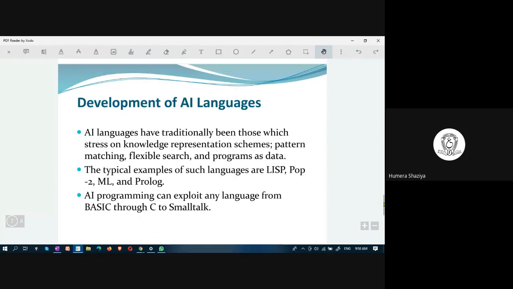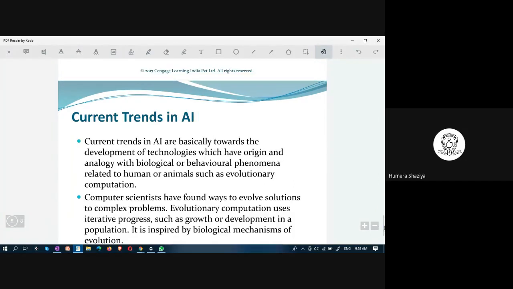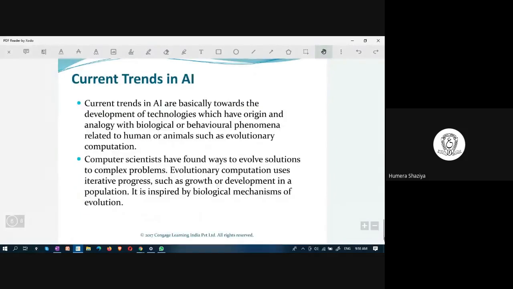And development of AI languages. The languages used in the early days of AI systems were Lisp and Prolog, POP2, ML, and Prolog. A few systems exploited basic C and Smalltalk as well. But now the most predominantly used language for AI is Python.